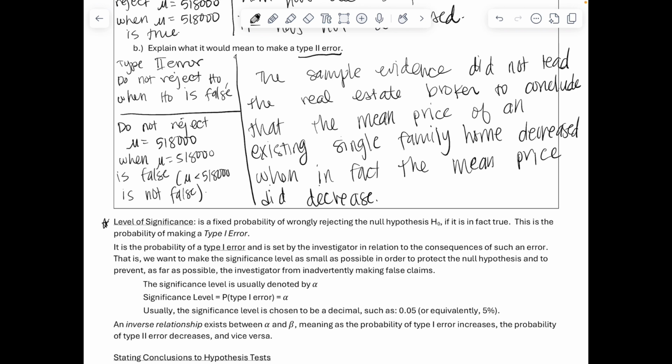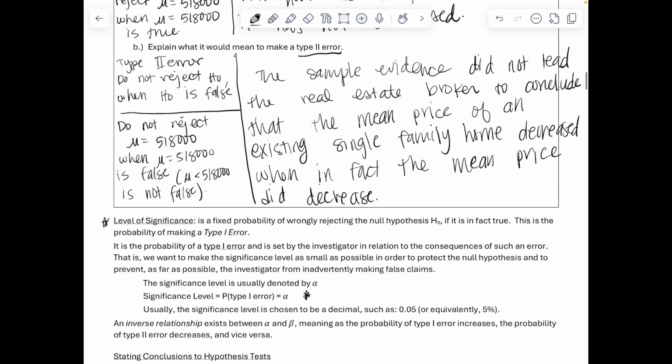That is, we want to make the significance level as small as possible in order to protect the null hypothesis and to prevent as far as possible the investigation from inadvertently making a false claim. The significance level is usually denoted by alpha, since that's again our type 1 error symbol. Significance level is equal to the probability of a type 1 error, which is equal to alpha.